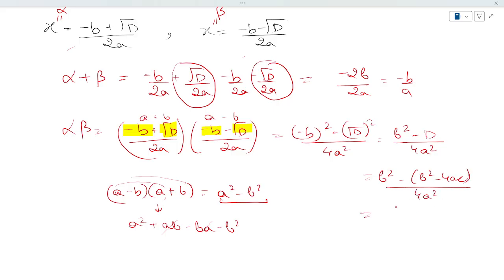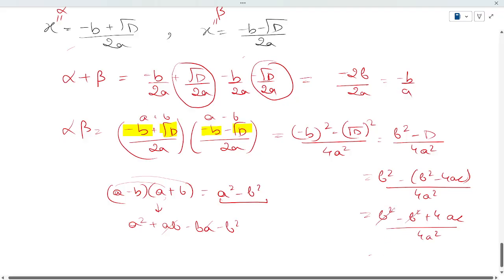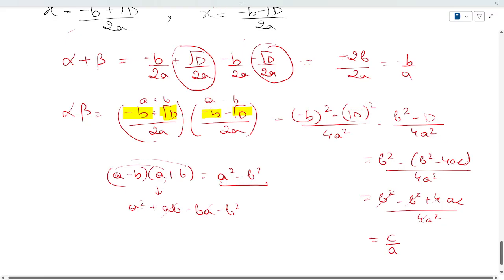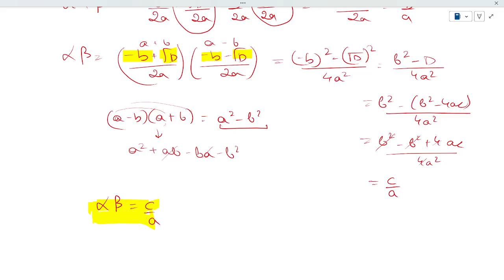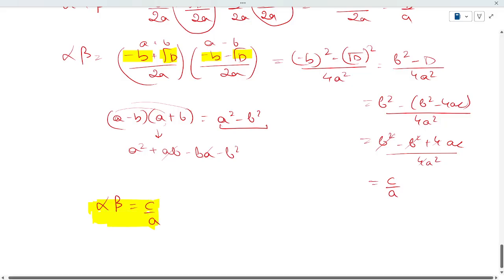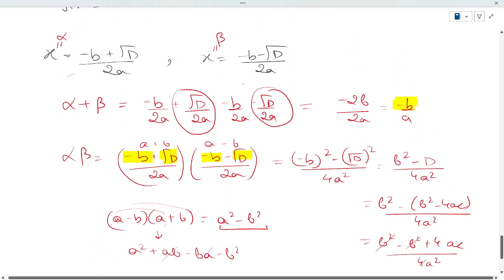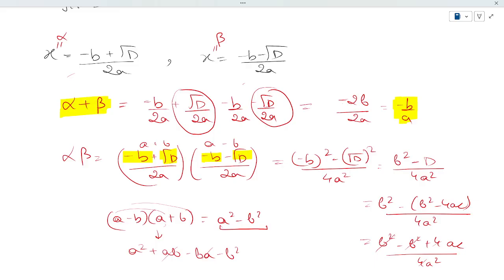Over 4a square, we get minus minus gives you plus 4ac upon 4a square. B square will cancel out and we get c upon a. This is the product of roots. Product of roots will be c upon a and the sum of roots will be minus b upon a, right? So this is all about quadratic equations.